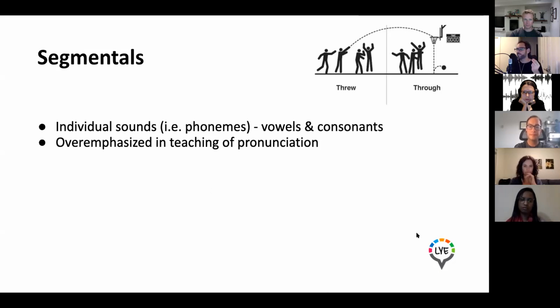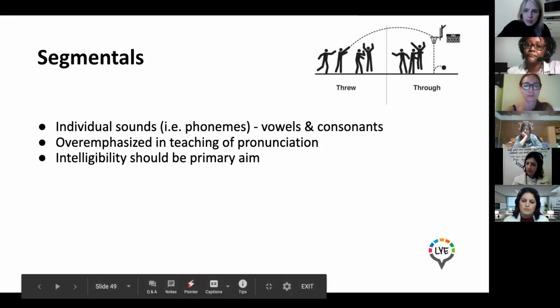They're teaching them the difference between minimal pairs, like how to pronounce bitch, how to pronounce beach, things like that. But that's not really the focus of sound scripting.